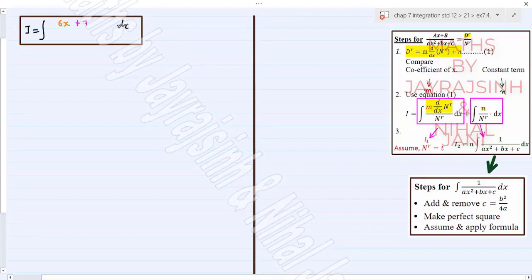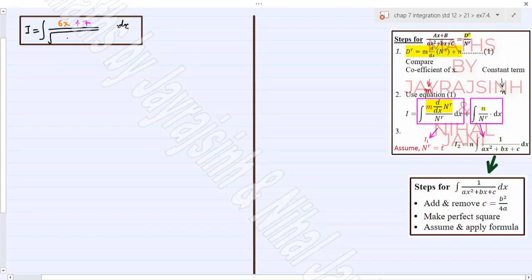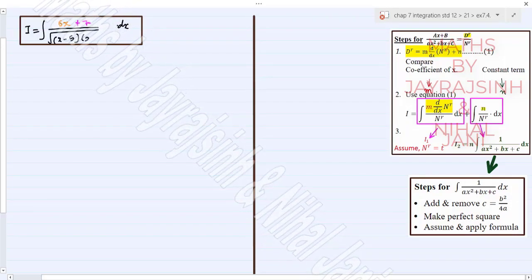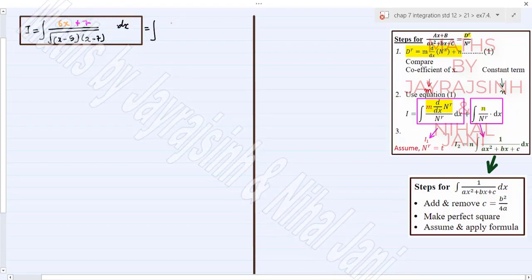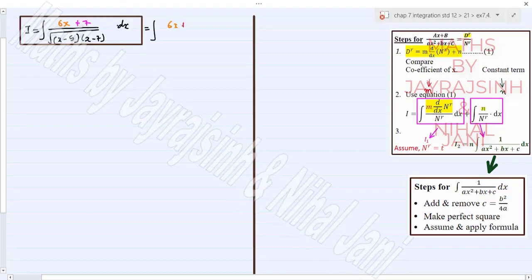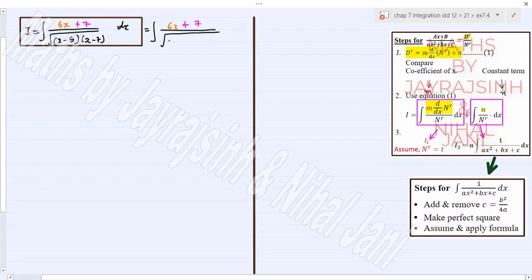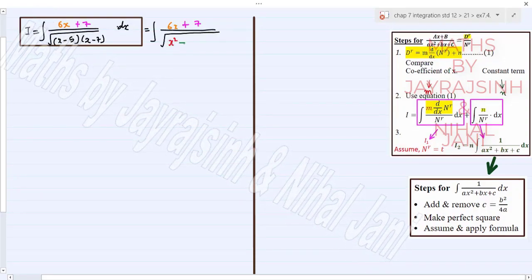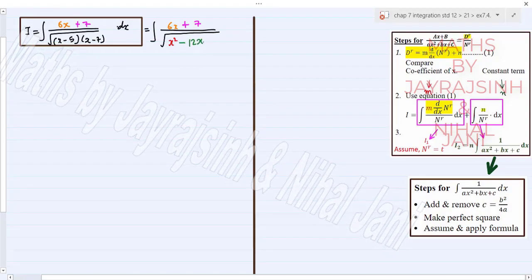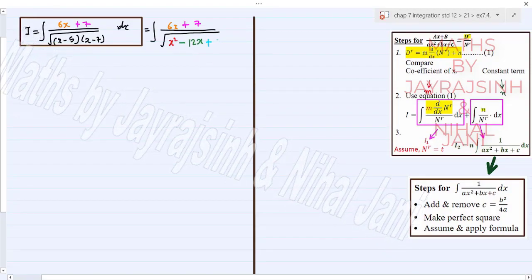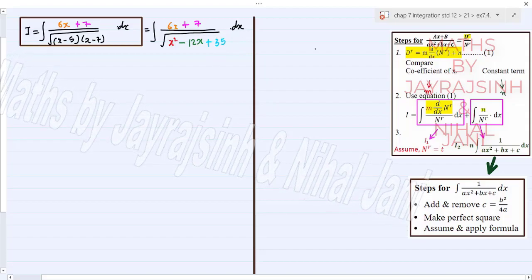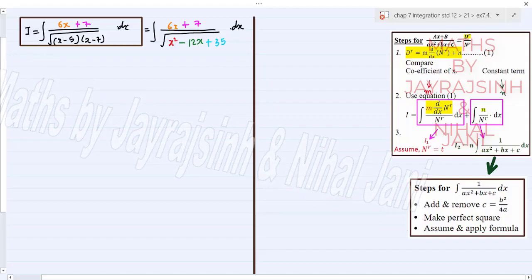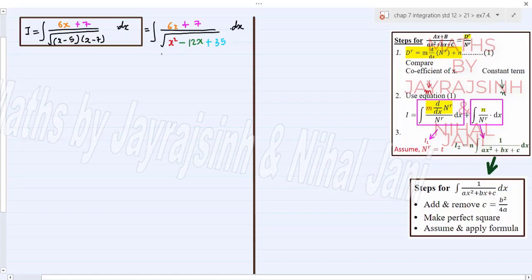Here we have to integrate 6x plus 7 upon under root of x minus 5 into x minus 7, or we can say we have to integrate 6x plus 7 upon x square minus 12x plus 35 dx, which is in the form of ax plus b upon ax square plus bx plus c.